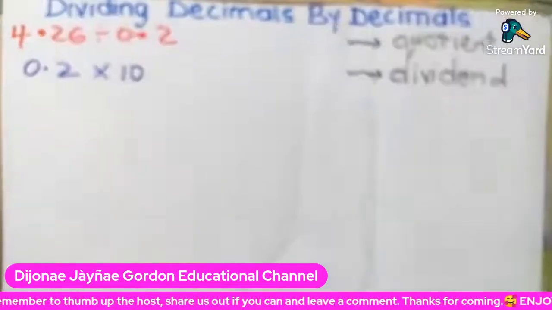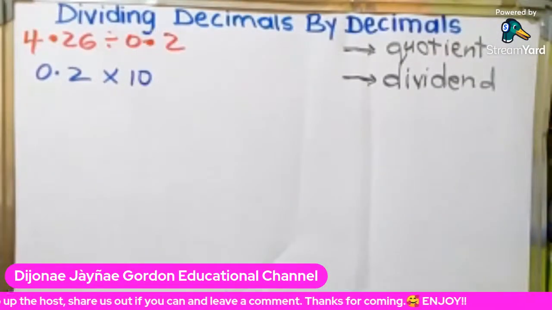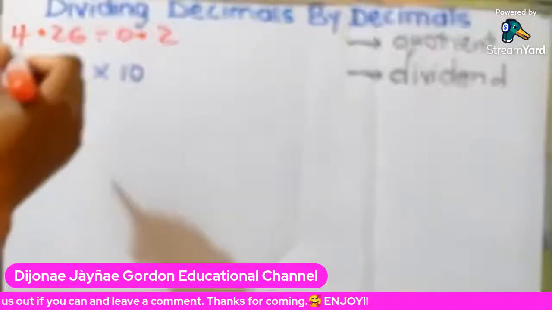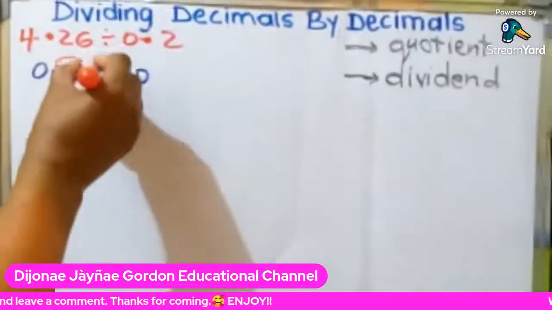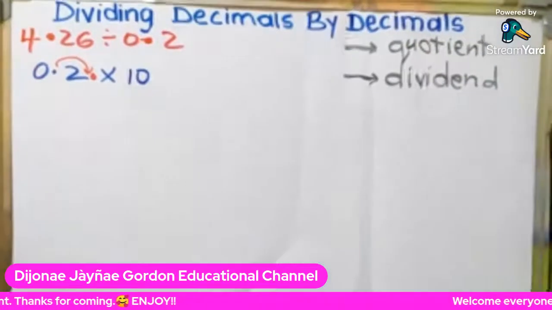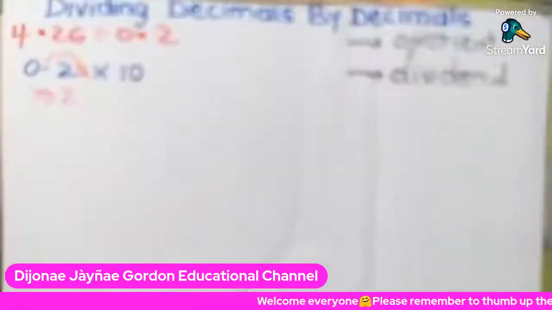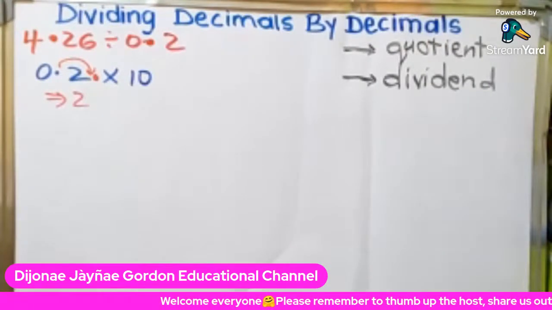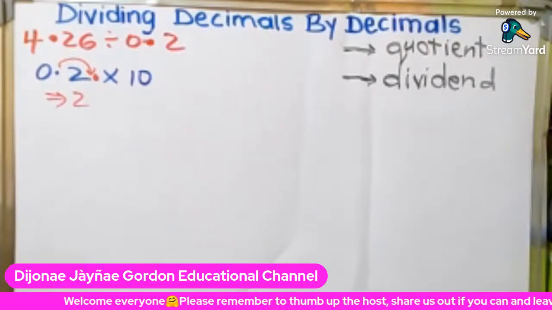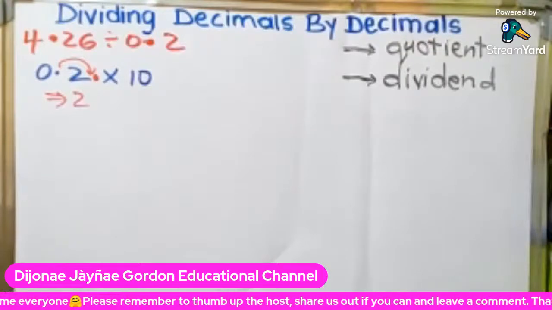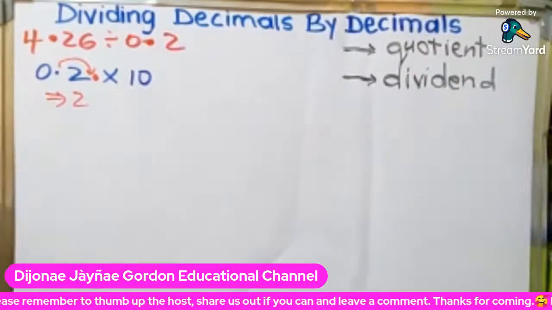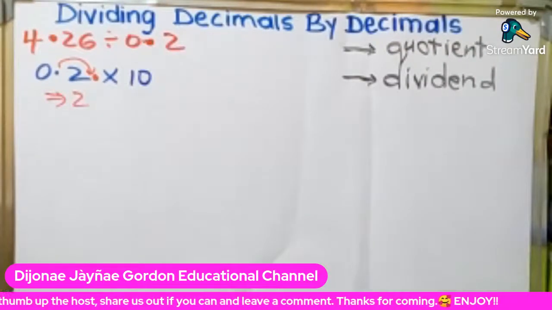So now we're going to move one place to our right. So the decimal place is going to come after the 2. All right? So it is going to now be a whole number. That's what it's going to be now. All right? So the next thing we're going to do is to change our dividend by multiplying by 10 as well.